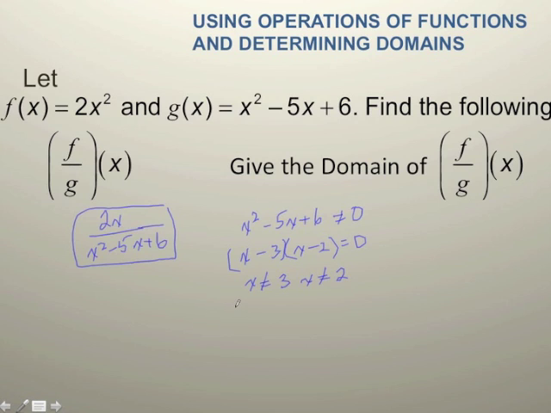The domain in interval notation will be negative infinity to 2, that being the smaller number, union between 2 and 3, union 3 to infinity. That will be the domain.